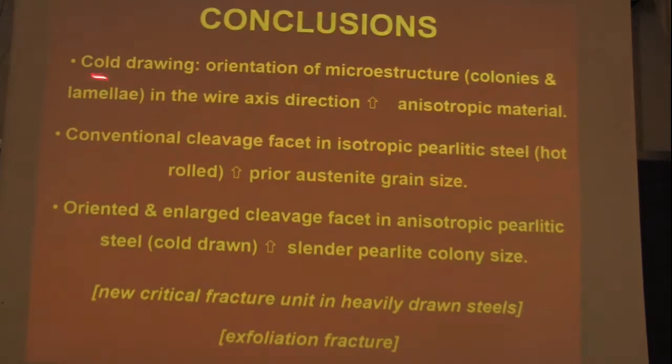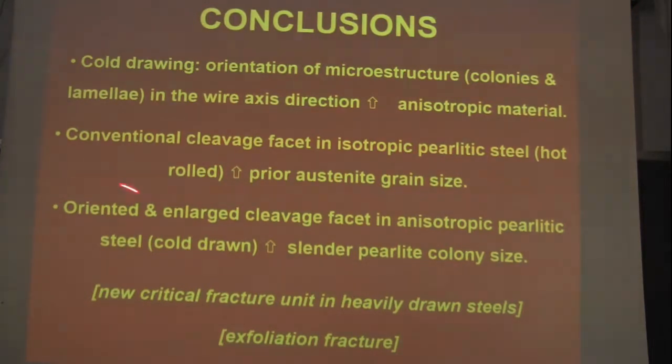And the conclusions are: cold drawing produces orientation of microstructure regarding colonies and lamellae in the y-axis direction, the vertical side of the micrographs, producing an anisotropic material. The conventional cleavage facet in isotropic pearlitic steel, hot roll, is related to the prior austenitic grain size.